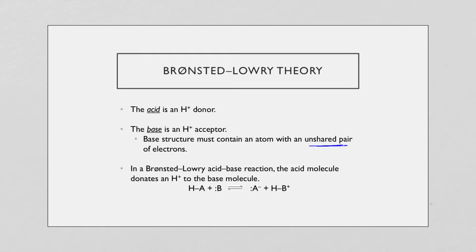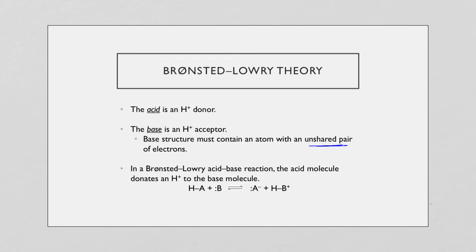So oftentimes this means that we'll have an oxygen or a nitrogen or some other atom that has a lone pair of electrons that will accept this H plus, because you need this unshared pair of electrons to accept that H plus.